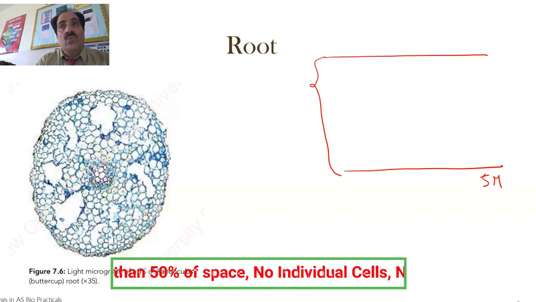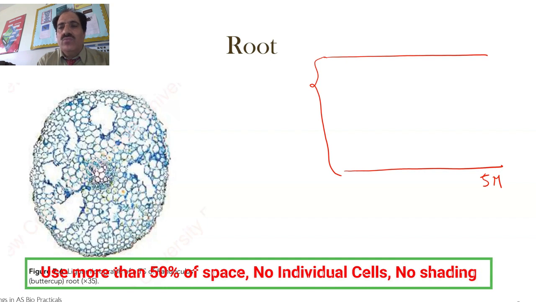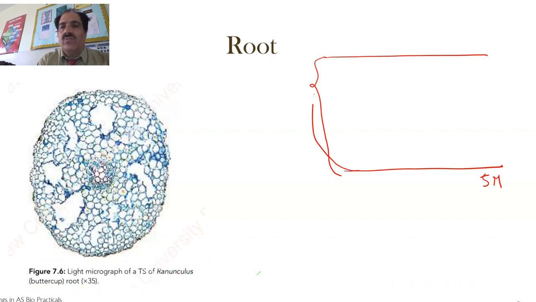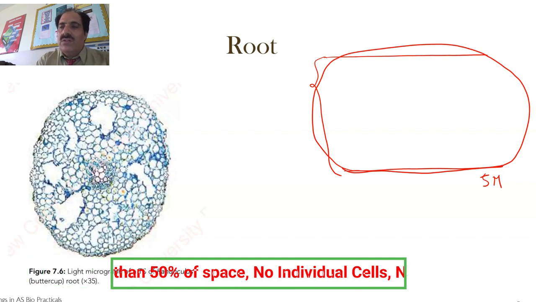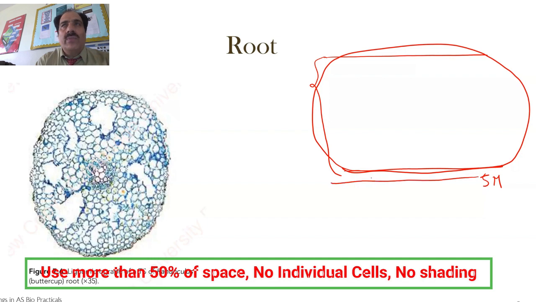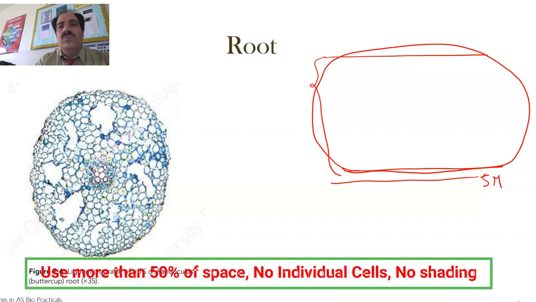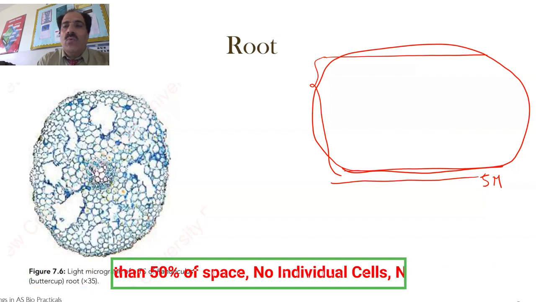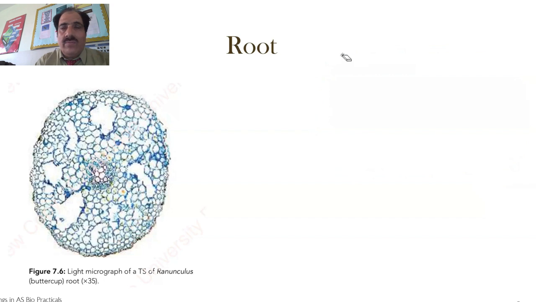We should always use more than 50%. We cannot use less than 50%. Appropriate is if we use most of the space that's given to us for making the diagram. Second, we must not write anything below this line where the marks are mentioned. And third, we must look into the paper and see what part of the slide we have to make the plan diagram of.